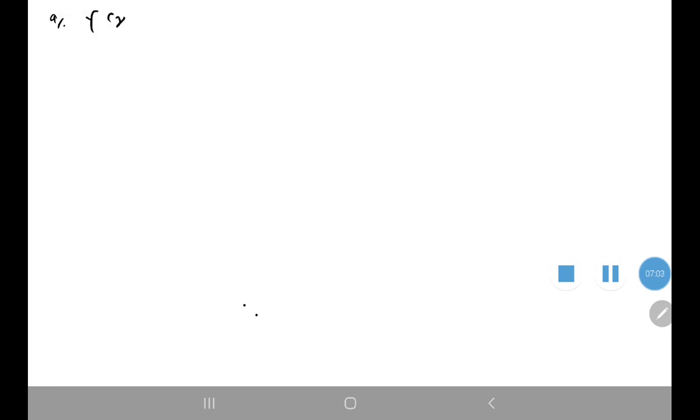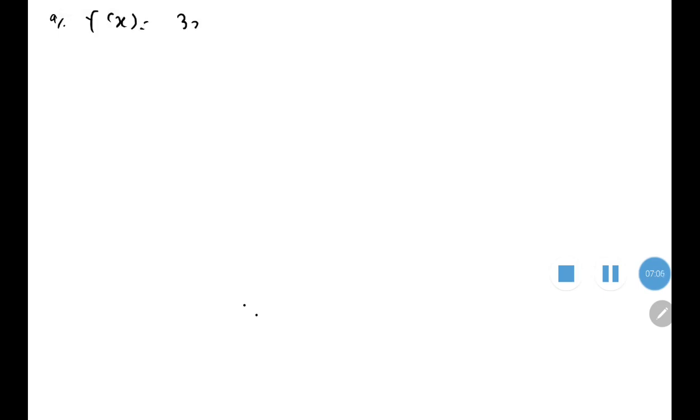So now example 10a is, okay, now we are using the first derivative test.